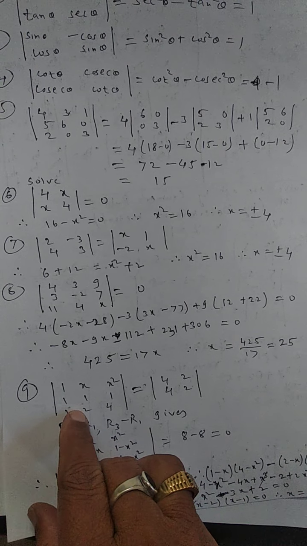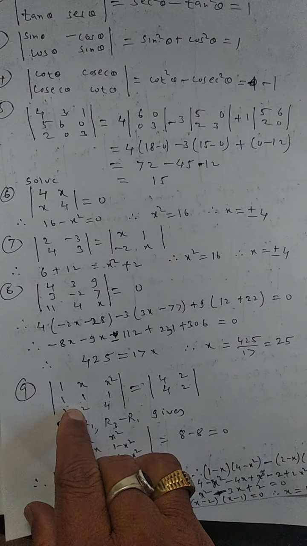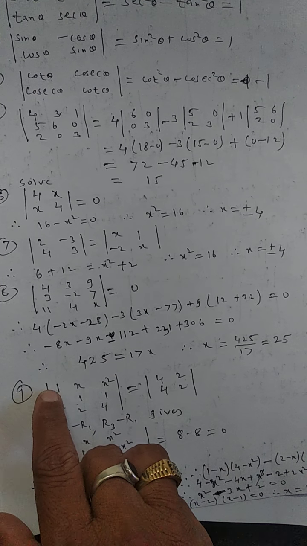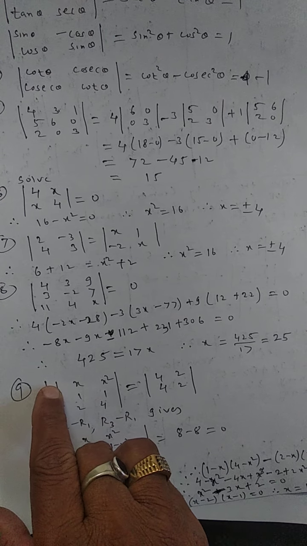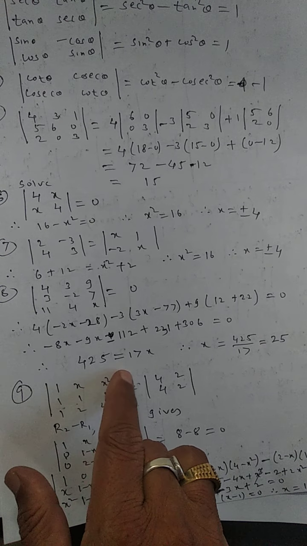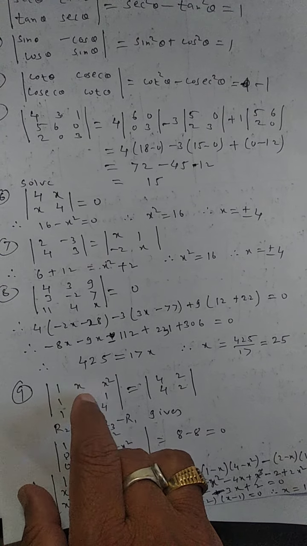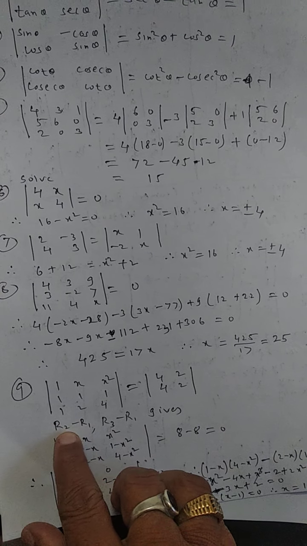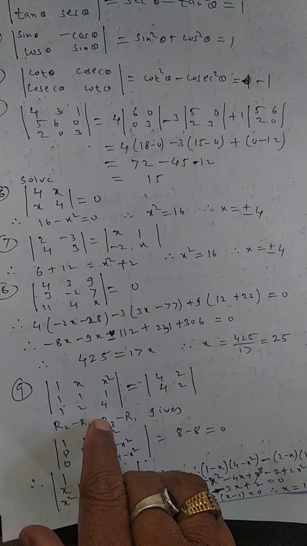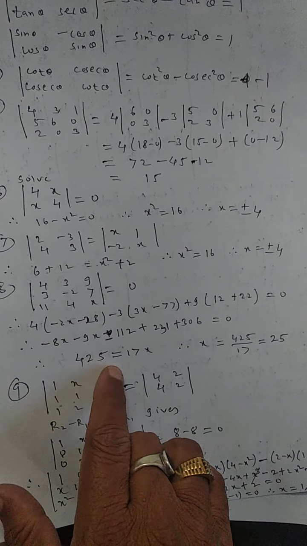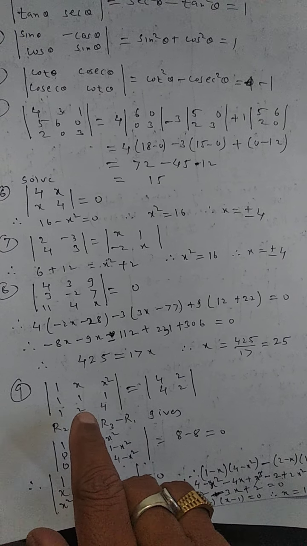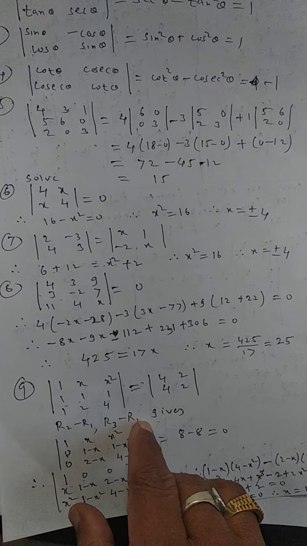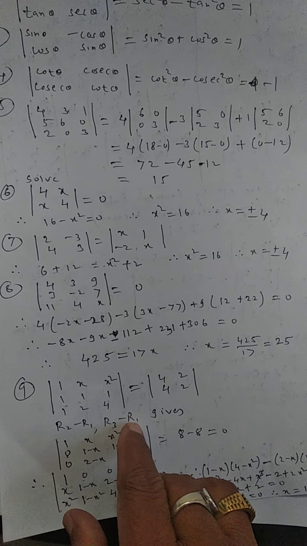And therefore, we use the property of determinant, that is, we multiply all the elements of the first row by 1, and we subtract whatever multiples we got. And that is denoted by R2 minus R1. The similar thing we consider for this also, R3 minus R1.